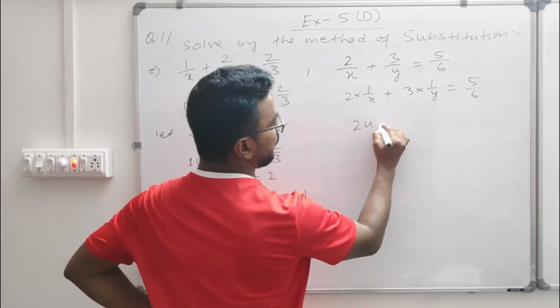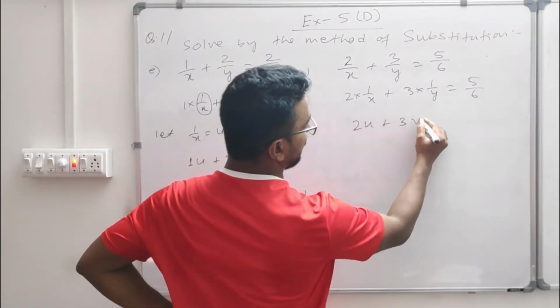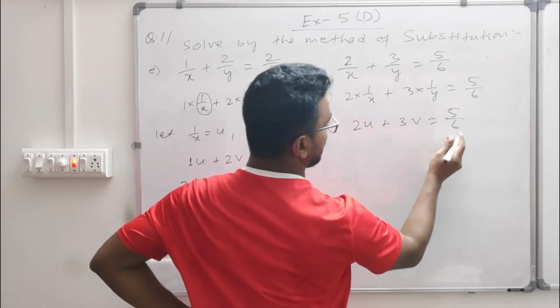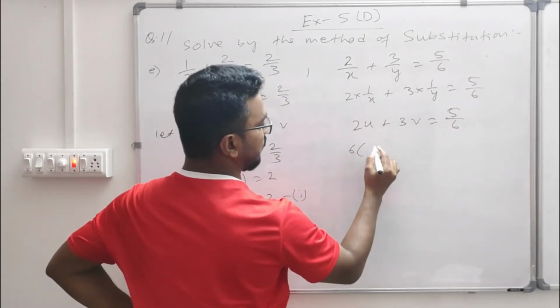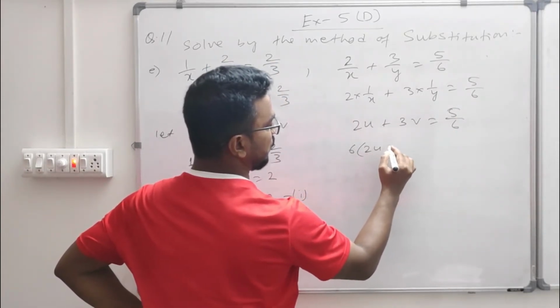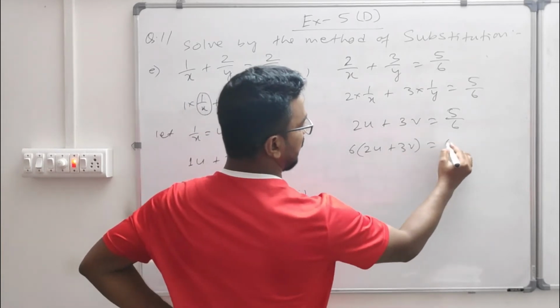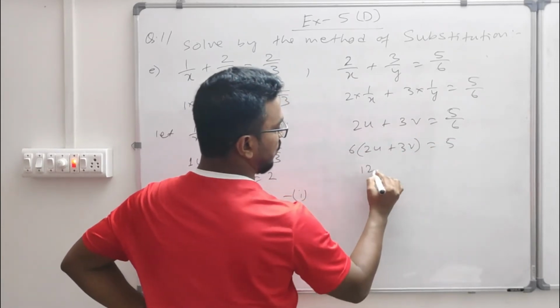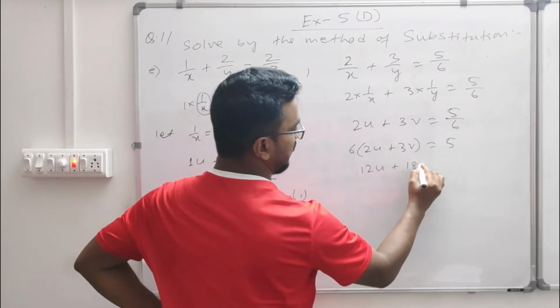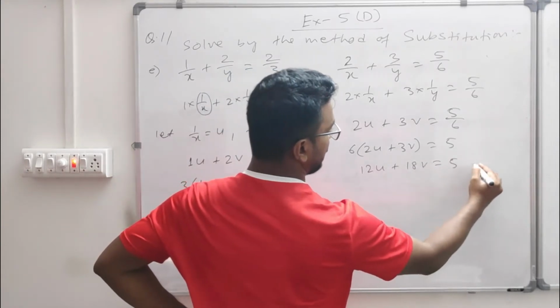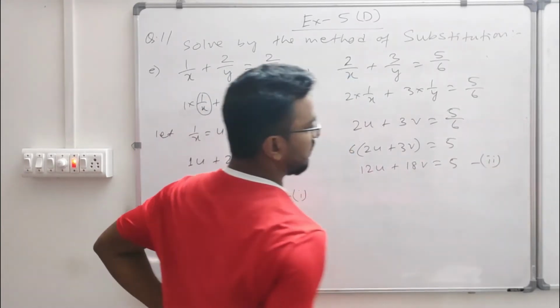So it will become 2u plus 3v equals 5 by 6. Now cross multiply, so 2u plus 3v equals 5 will become 12u plus 18v equals 5, and this will become equation number 2.